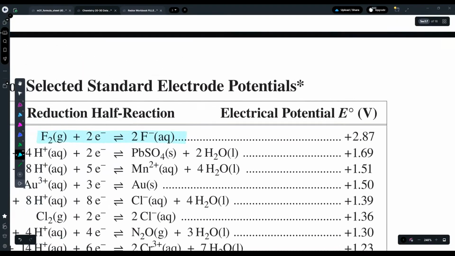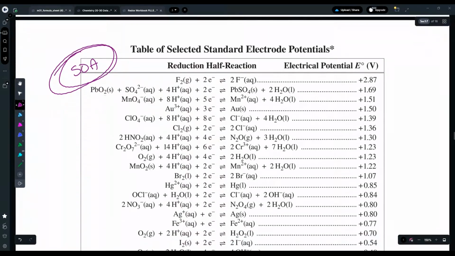When I say this reaction, I'm reading it from left to right. The reduction half reaction is the only half reaction that has an electrical potential of positive 2.87. So these voltages are like fingerprints. You can use them to identify what half cells you have in your cell.